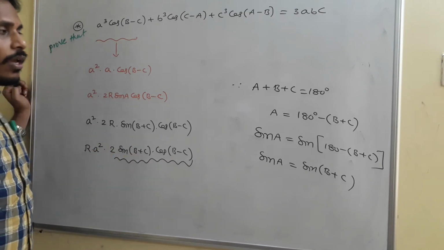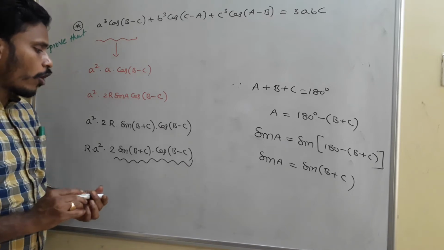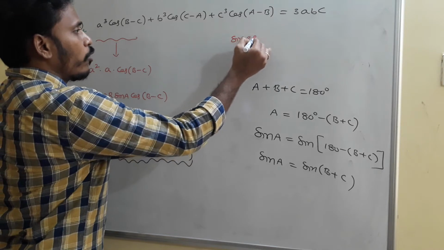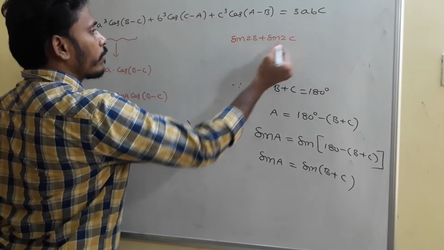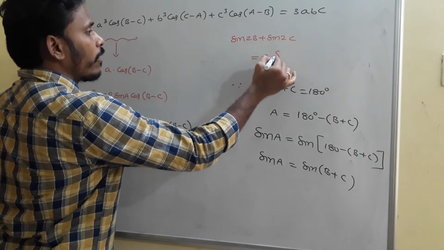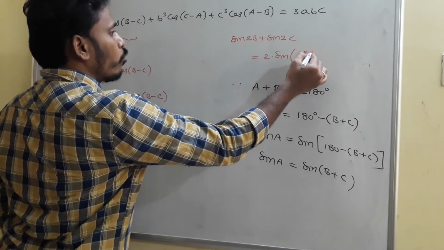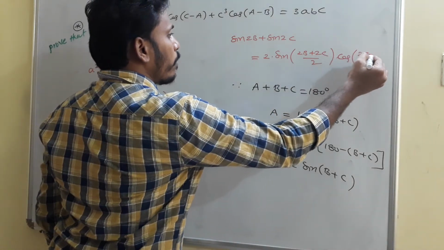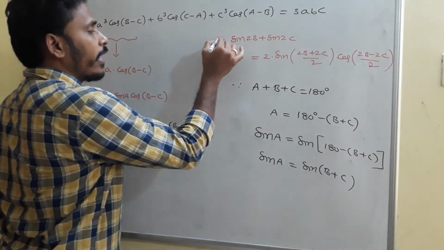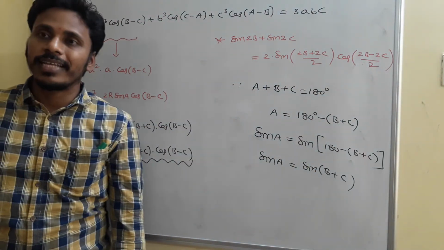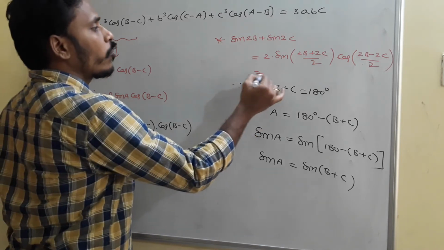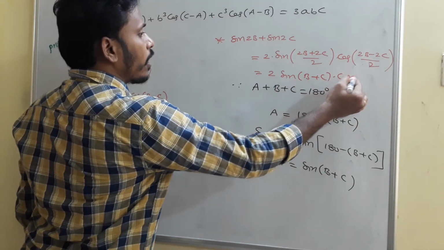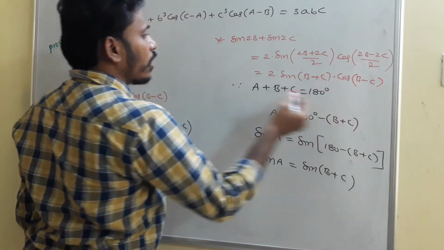How to rewrite 2 sin(b plus c) cos(b minus c)? We have different formulas in trigonometry, and among those, one is sin 2b plus sin 2c. Using the sin C plus sin D formula, sin 2b plus sin 2c is 2 sin((2b plus 2c)/2) cos((2b minus 2c)/2), which is 2 sin(b plus c) cos(b minus c).